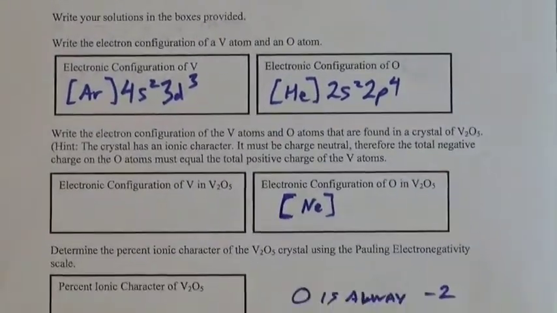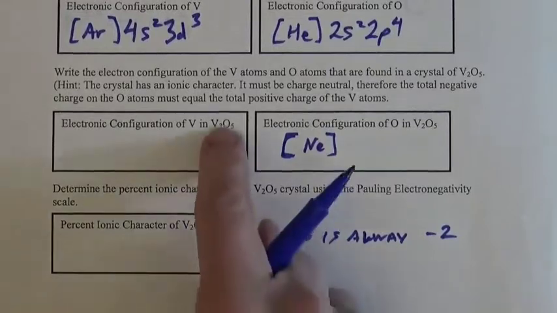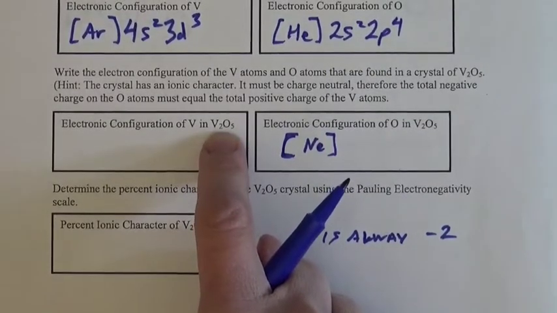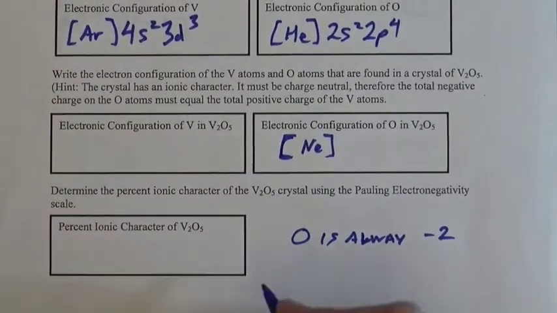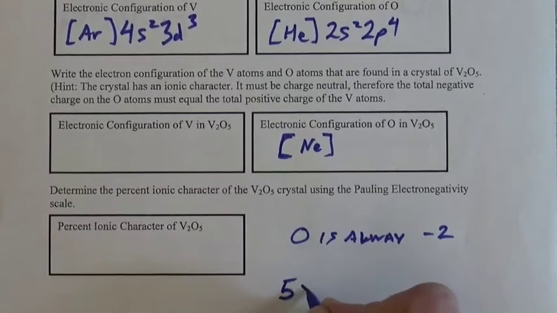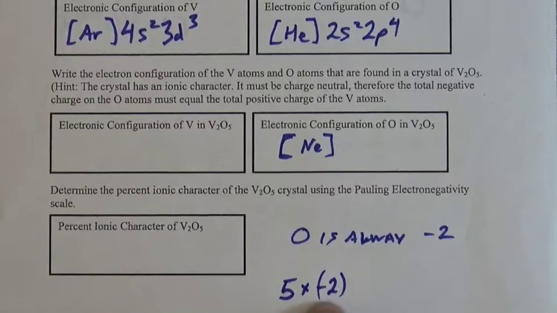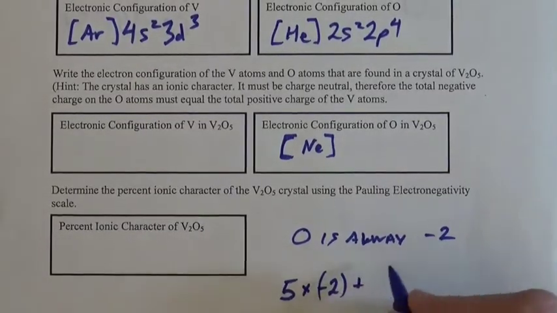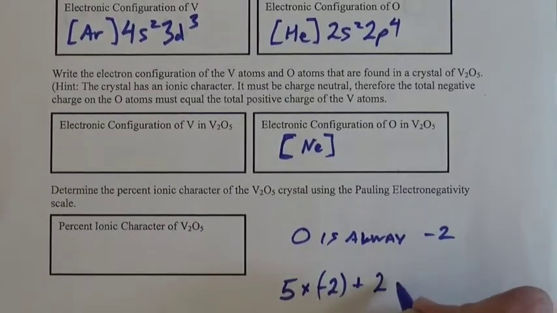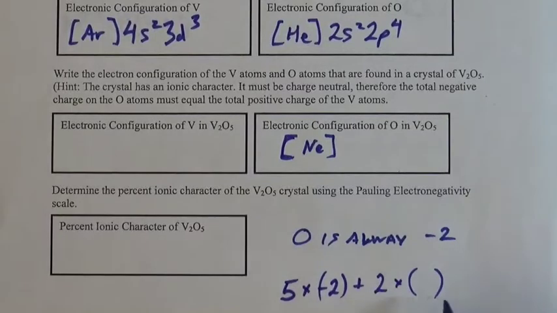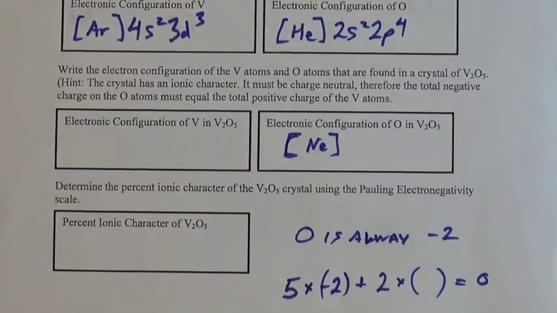But what does that tell us about vanadium? Well, we know that this has to be charge neutral, V2O5, which means that 5 times -2, 5 oxygen atoms with charge -2, plus 2 atoms times some unknown charge is equal to 0.